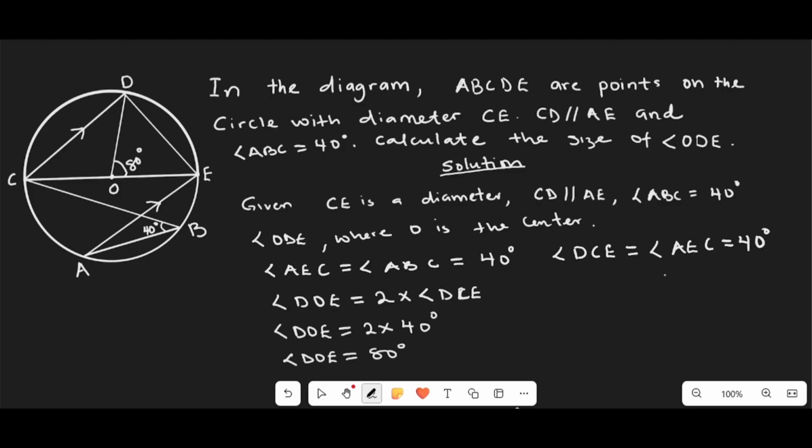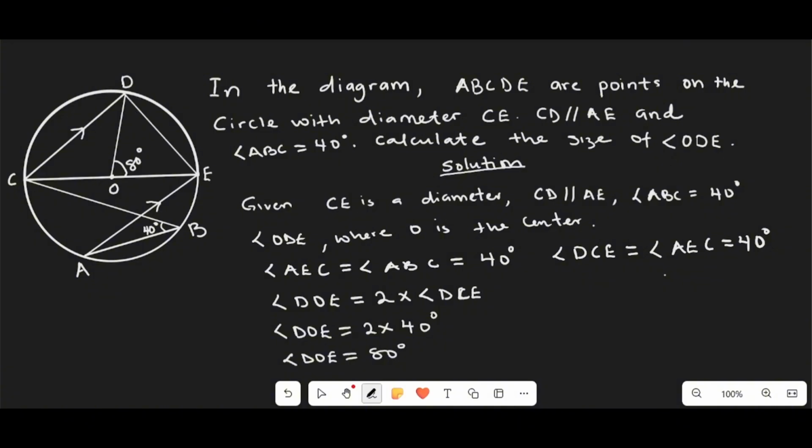This implies that triangle EOD is an isosceles triangle, and base angles of an isosceles triangle are equal, which means that angle OED is equal to angle ODE.